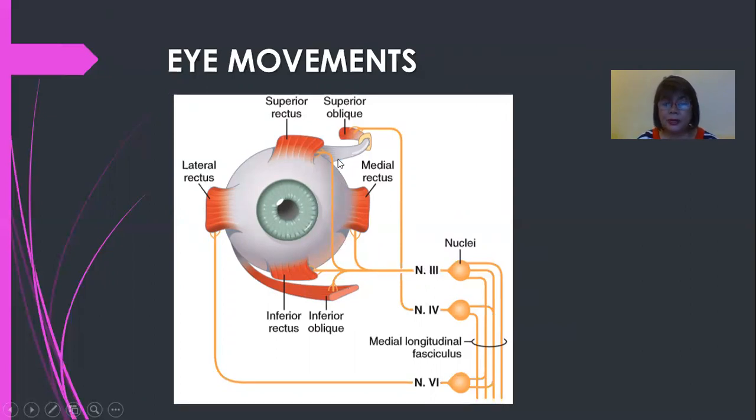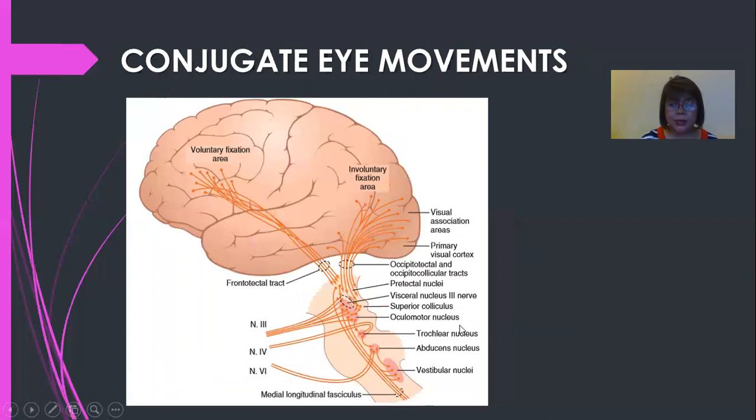The superior oblique is controlled by cranial nerve 4, while the lateral rectus is controlled by cranial nerve 6. They would be passed through your medial longitudinal fasciculus, here.